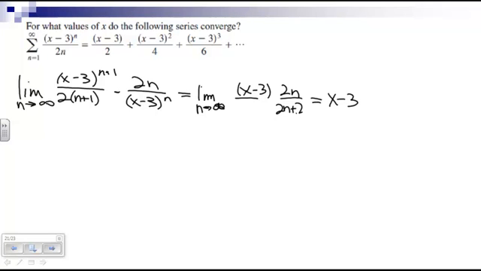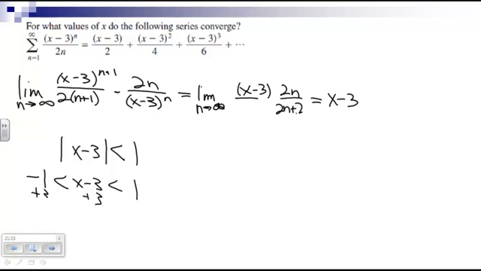We end up with the absolute value of x minus 3 is less than 1, and when we solve for x, we end up with 2 and 4. So there's our interval of convergence, but we can do better.